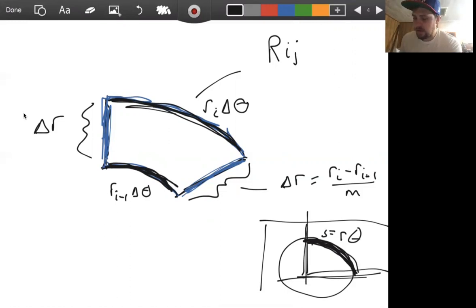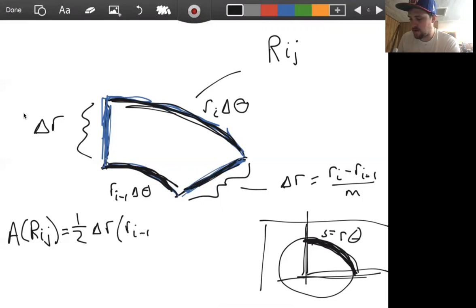And so then the area of this R_ij, using the formula for the area of a trapezoid, we get 1/2 delta R, so this side here, times R_{i-1} delta theta plus R_i delta theta. This is the sum of the two curved edges here. And so we can write this a little differently.